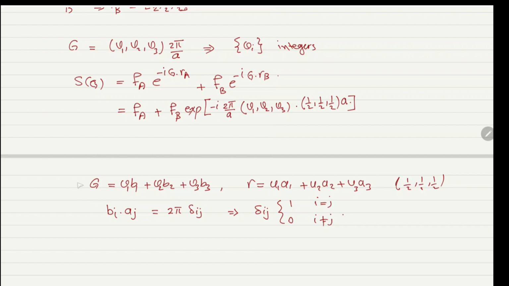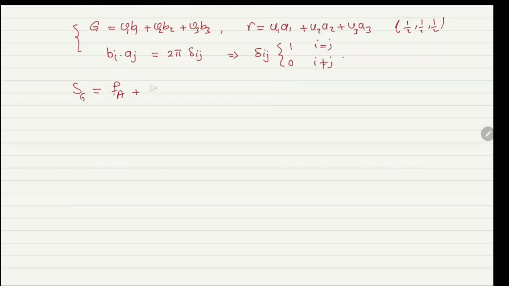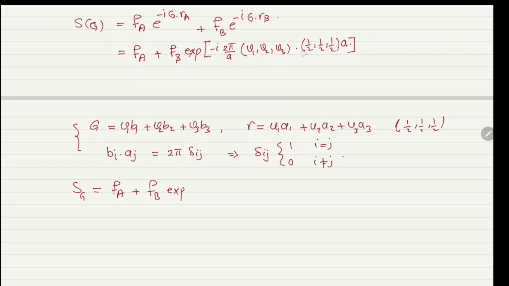By using these definitions, the structure factor becomes f_A plus f_B exponential, where this is the dot product of R and G, minus i pi times (v1 plus v2 plus v3).